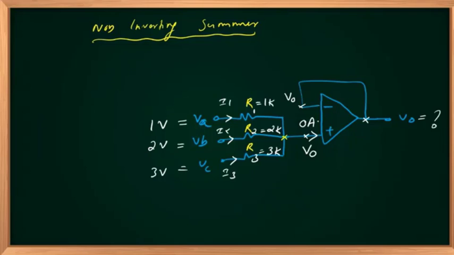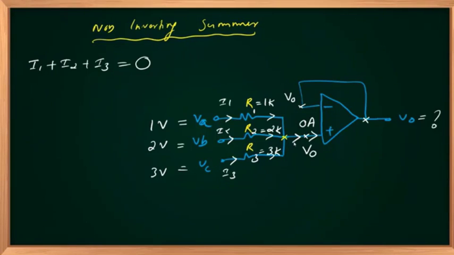So I1 plus I2 plus I3 flowing through this branch, and that value should be equal to 0. These 3 branches send a current to the 4th branch, and that branch current should be 0, right?